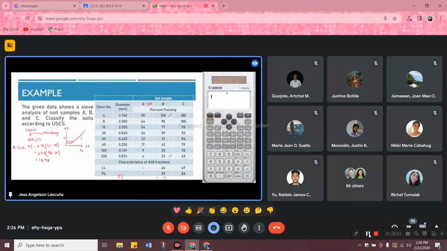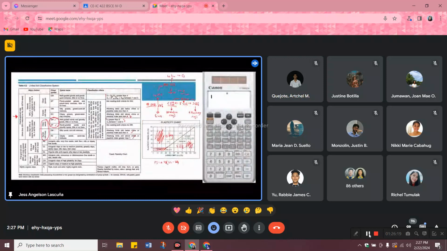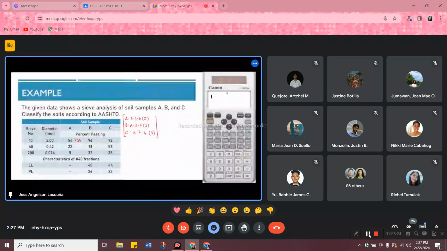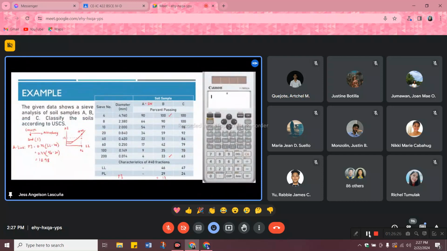And we know that the A line at that point is 18.98 based on the formula. So it is below the A line. Even without looking at the chart, we used the formula of the A line. When you plug in 46, you get the corresponding point on the A line, and soil B is below it. So this one that is below the A line, is it silt or clay?